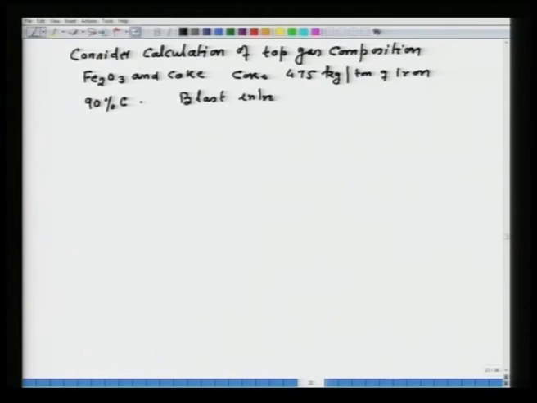Blast introduces O2 which is equal to 350 kg per 1000 kg of product iron.